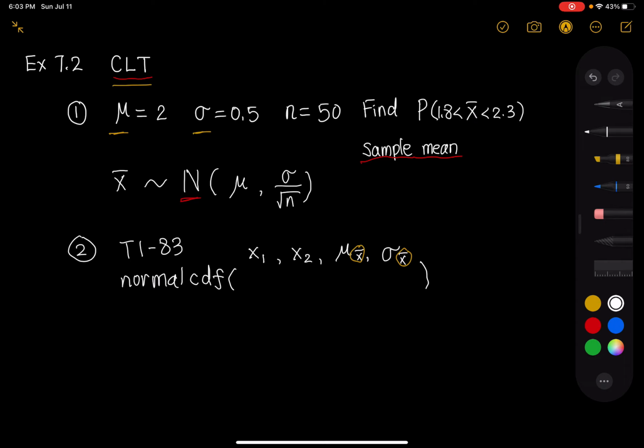So the first point, the left point that we're interested in is 1.8. The right point is 2.3. And then the mean is 2, given to us, or we can find out from the central limit theorem. And the standard deviation, we don't know yet, but we can just enter it as an expression, 0.5 divided by square root of 50.